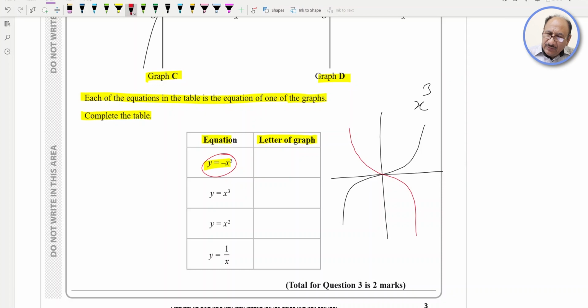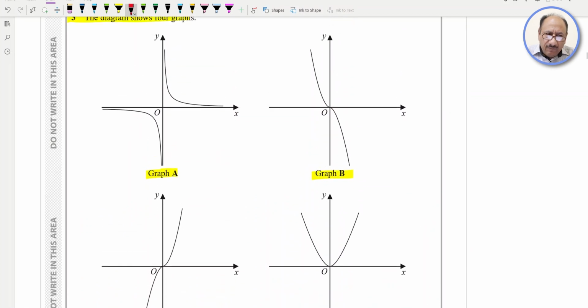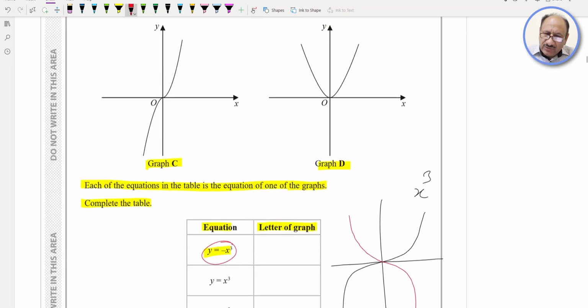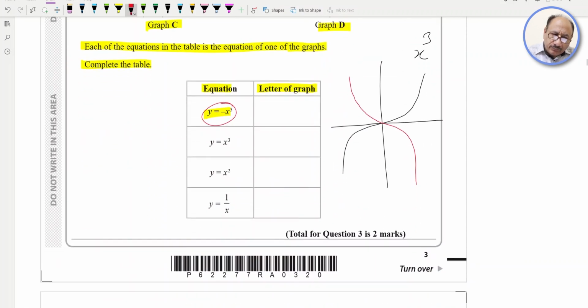So this red graph will be the cubic graph. We will check which one is the cubic graph. Basically graph B is the negative cubic graph. So we will write here B. Our answer to this will be B.